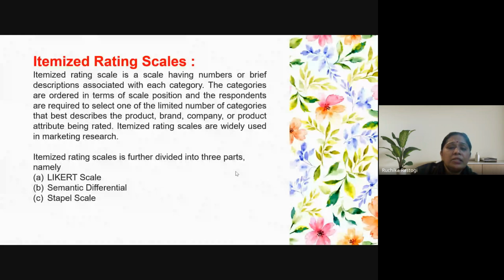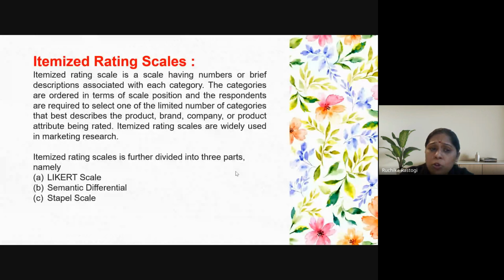First of all, we will understand what is itemized. Itemized means there are some scale positions and some categories which we have created, and the question is mine and the answer is also mine. These are all close-ended methods.